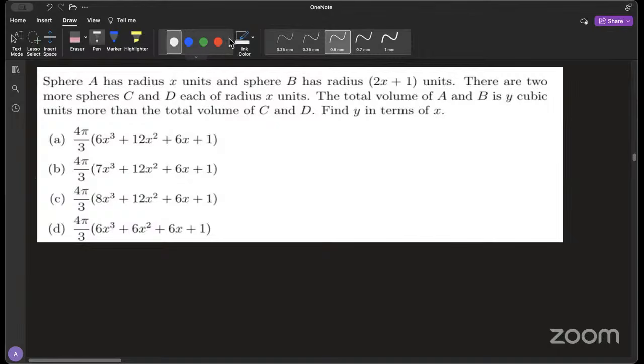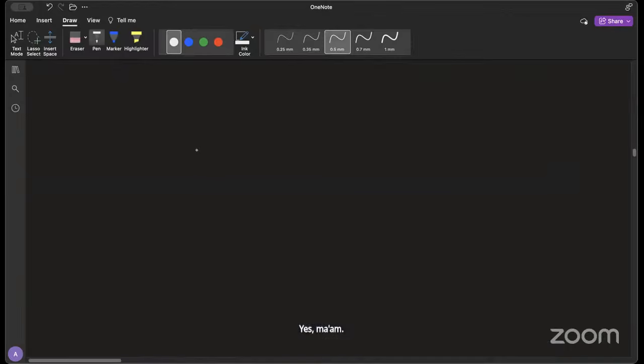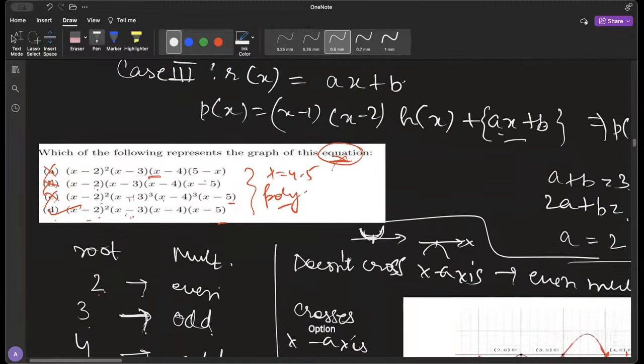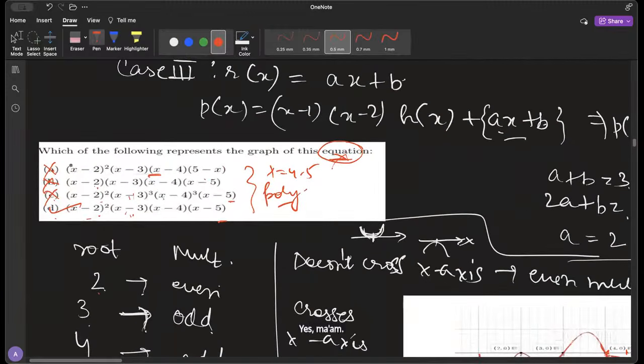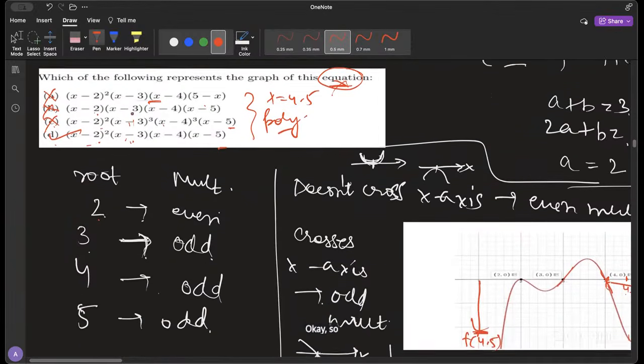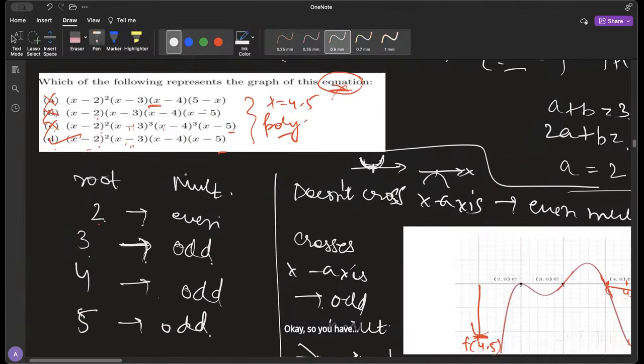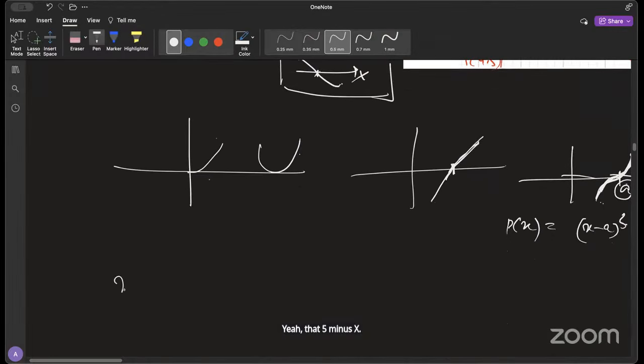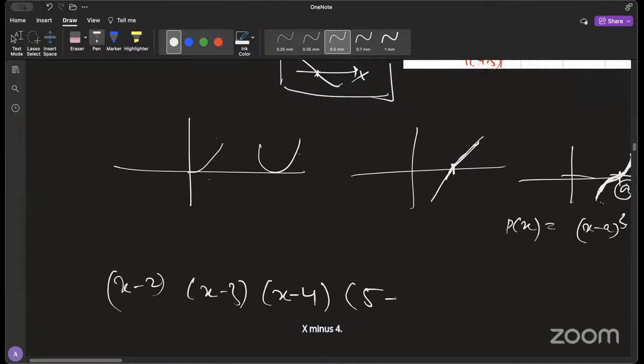Yes, ma'am. Could you please repeat option number 1 of the previous question? Option 1. Okay, so you have x minus 2, x minus 3, x minus 4, and 5 minus x.